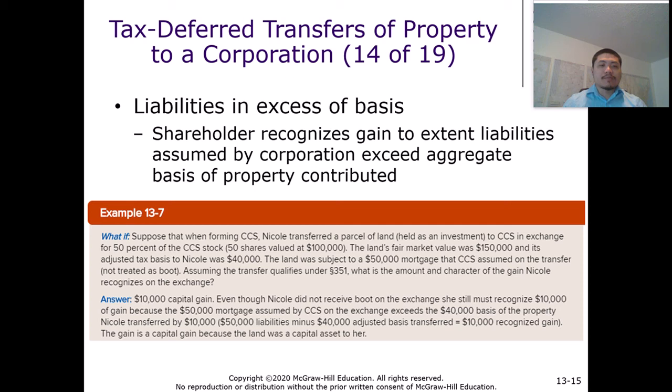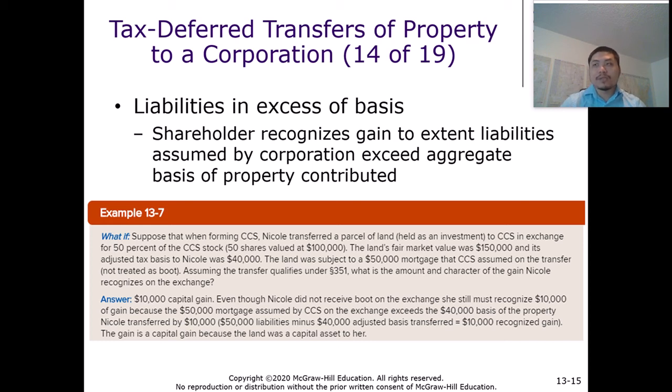Assumption of liabilities, right? But when the amount of liability is just bigger than the basis that the shareholder has in the properties, the shareholder has to recognize gain to the extent that the liabilities assumed by the corporation are in excess of the aggregate basis of the property contributed, right?